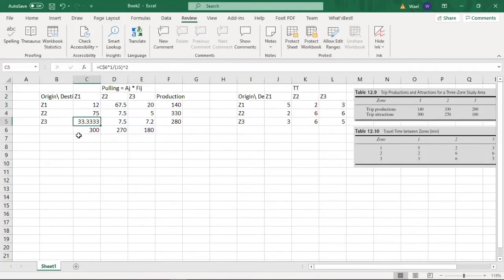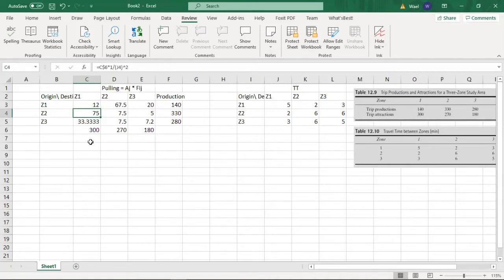Okay, as we can see, these are the destinations and that's the origin. Between zone 2 and zone 1 there is a strong pulling force. Between zone 3 and zone 1 there is a strong pulling force. Between zone 1 and zone 2 there is a strong pulling force.